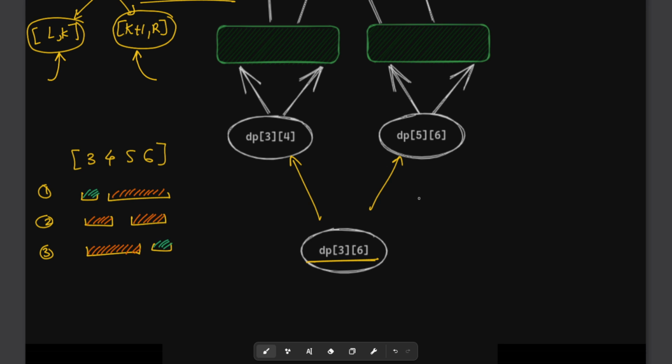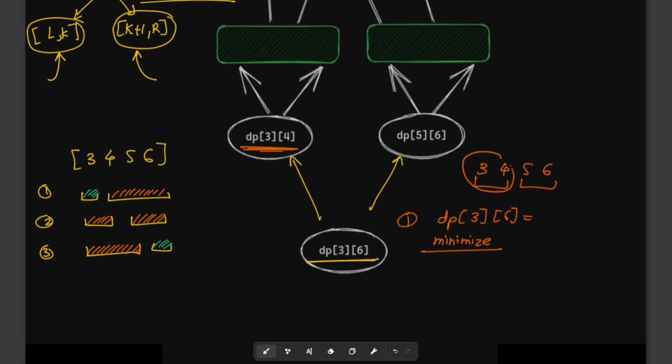So let's say for the choice where 3, 4, 5, 6, we want to merge 3, 4, then 5, 6, then dp36 would be the answer for considering this choice, which would be to minimize dp36 with the answer to decompose.